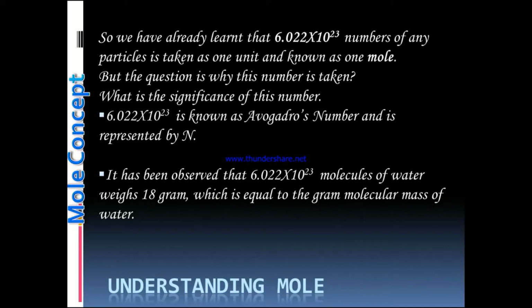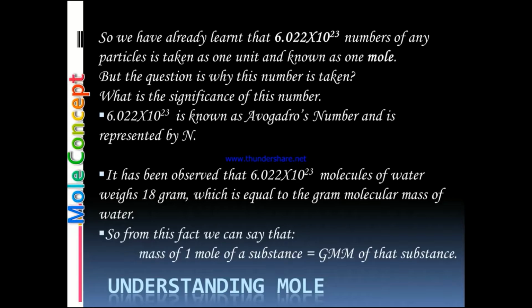So in 18 gram of water you can find 6.022 × 10^23 molecules. From this fact we can say that the mass of 1 mole of a substance is equal to its gram molecular mass.